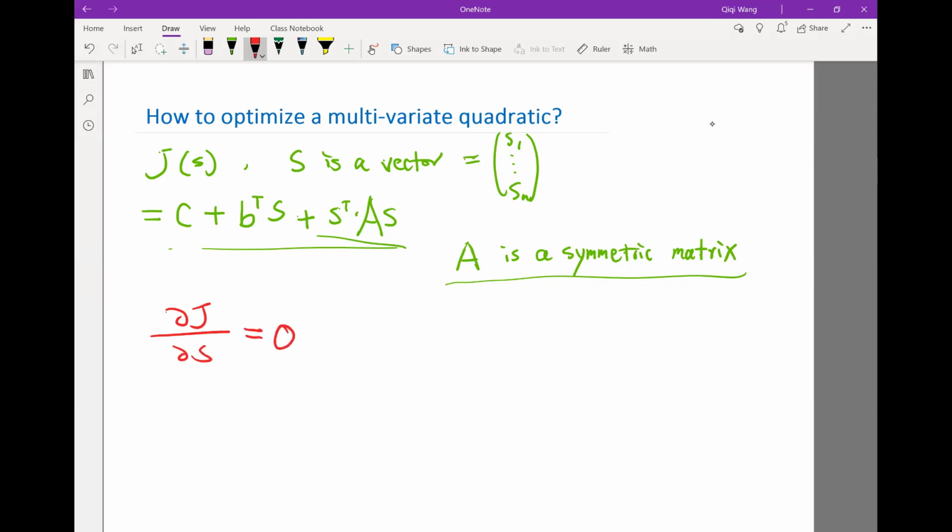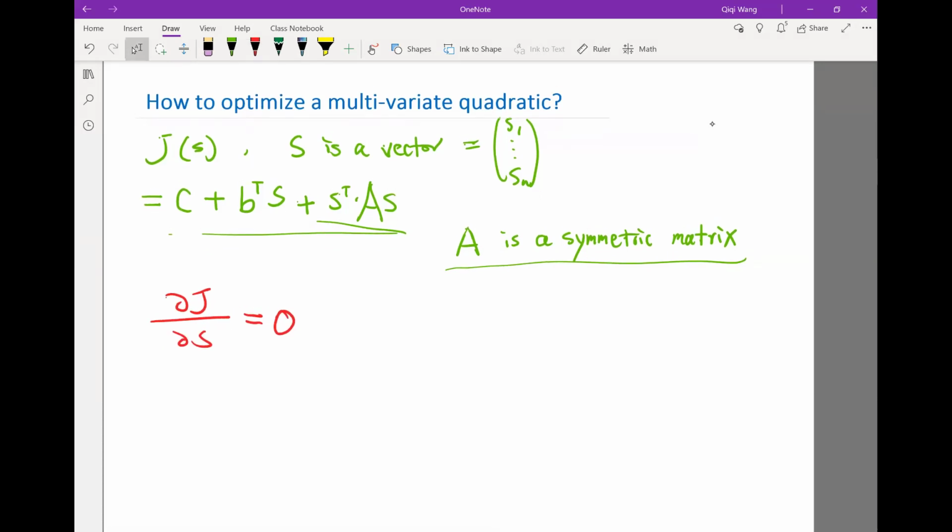So the partial derivative equal to 0 means the derivative of J with respect to every single one of the s_i has to equal 0. This is really the optimality condition. We call it the first order optimality condition of this quadratic.